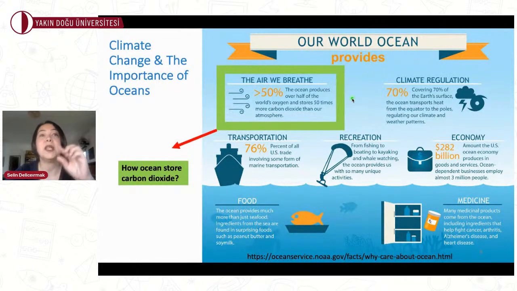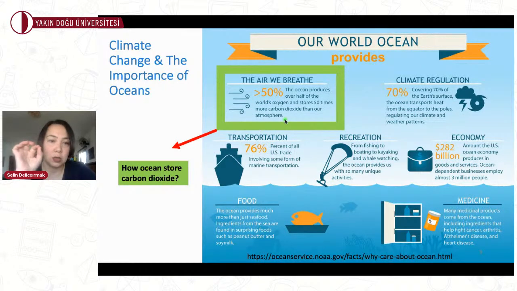It's produced by the photosynthetic microorganisms. And the other important thing about the ocean is that they store 50 times more carbon dioxide than our atmosphere.